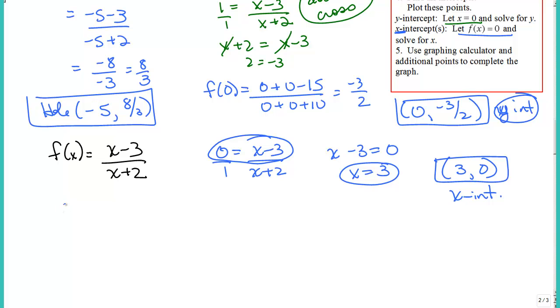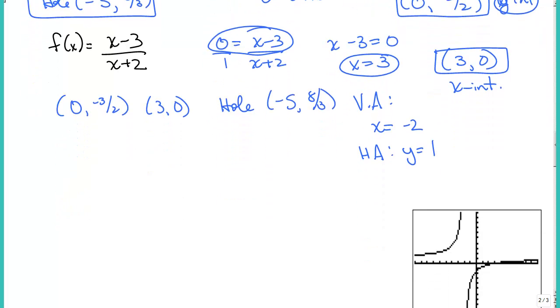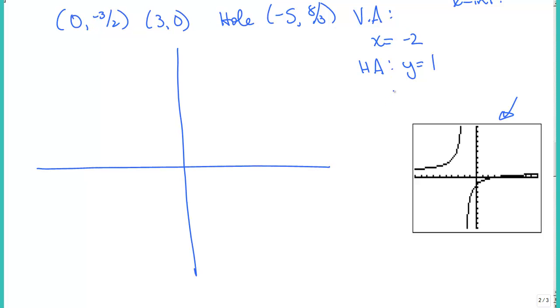So let's see, I have this point, which is an intercept. I have this point, which is an intercept. I have a hole here. I have a vertical asymptote at x equals -2, and I have a horizontal asymptote at y equals 1. Now I need to put all that on a graph. So I did use my graphing calculator. I'm going to look at that. Now I'm going to put all my information on the graph.